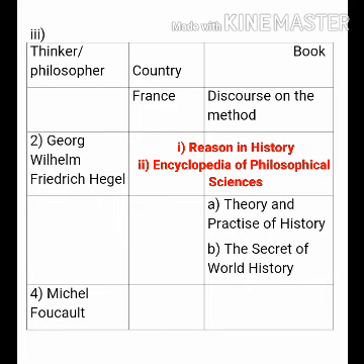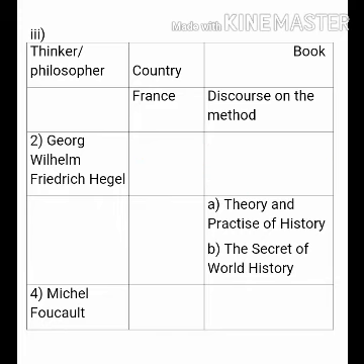Now in the third one, the book name is given, Theory and Practice of History, and the second book, The Secret of World History. These two books are written by, any guesses? Yes, Leopold von Ranke, and he belongs to the country Germany.